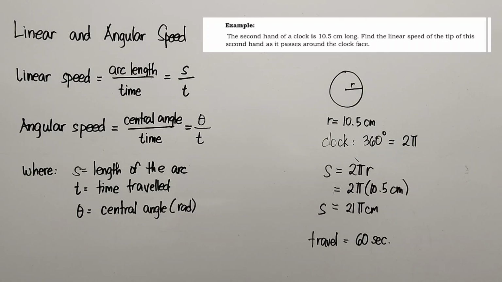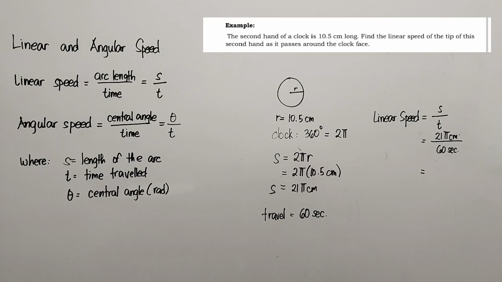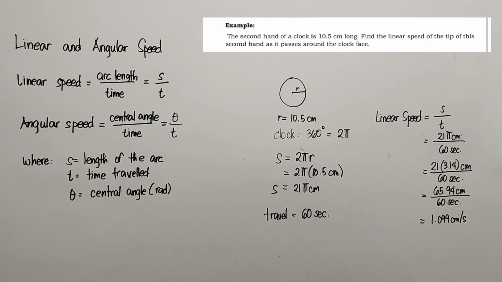So by substitution, the linear speed is this. This time, we will be using the equivalent of our pi, which is 3.14. So we have 21 times 3.14, the product is 65.94, divided by the 60 seconds. So the linear speed is 1.099 centimeter per second.